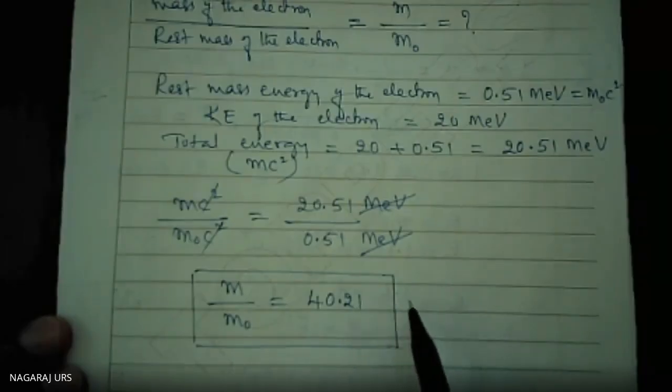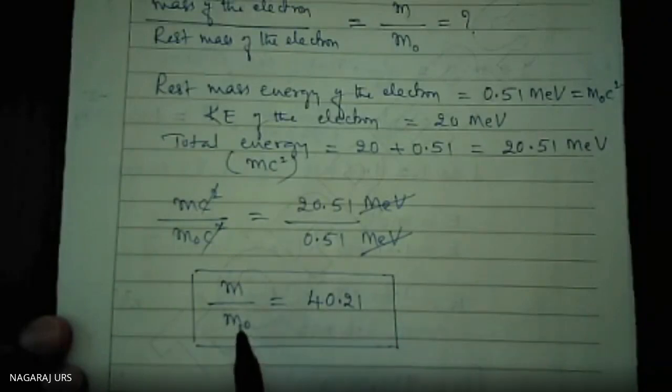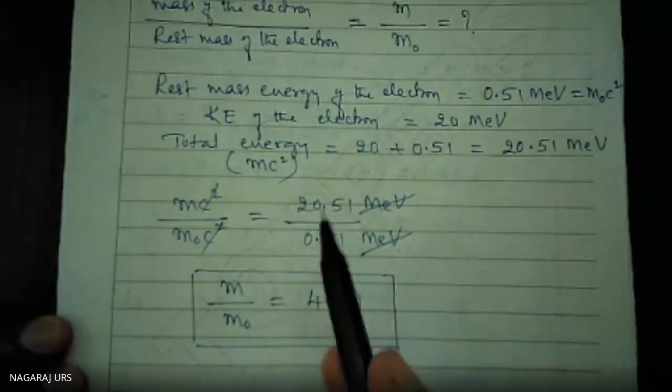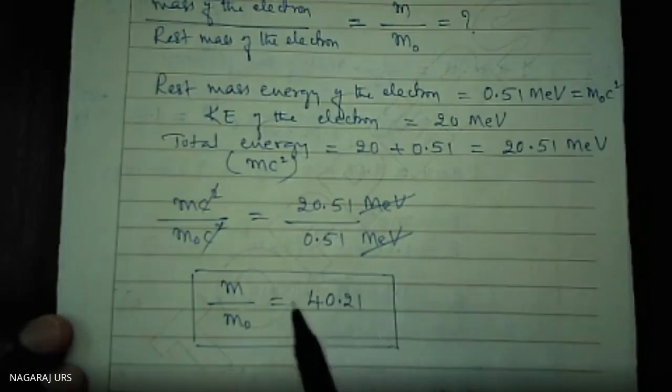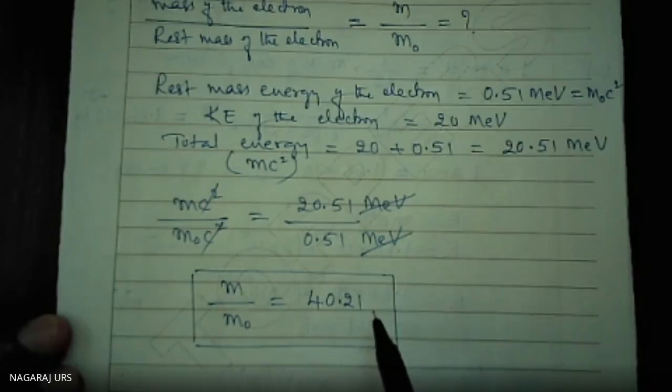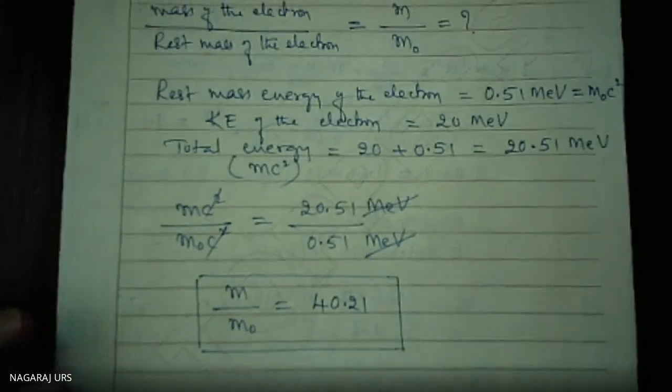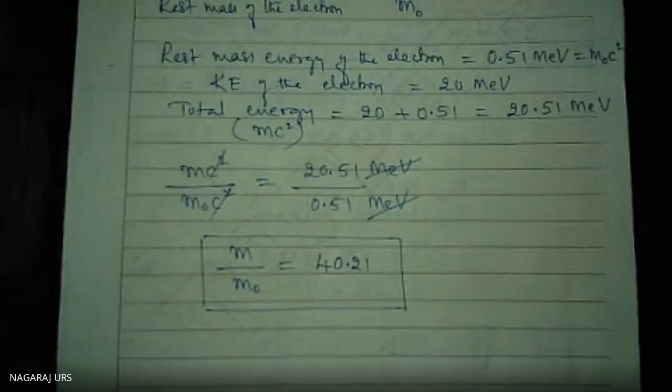Dimensionless. No unit. Mass divided by mass, energy divided by energy, get cancelled already. So it is a ratio. Therefore, no unit. If you are writing the unit, we are reducing the mark. So it has no unit. Right. Okay, go through this.